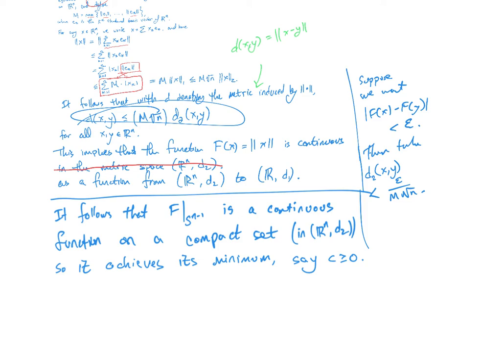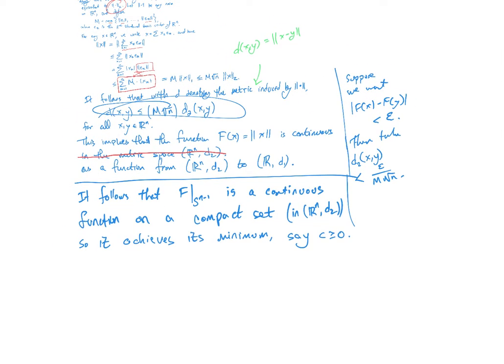Now, we can say furthermore that that little c is not 0. Why is that little c not 0? Why is the minimum of the mystery norm on the sphere not 0?